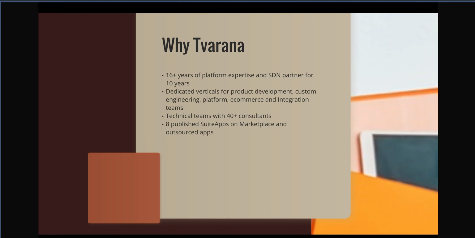We have a strength of over 40 technical consultants possessing niche skills and expertise of working with SuiteScript, SuiteTalk, etc. And like I already said, we have 8 published suite apps on Marketplace, and we also developed apps for some of our customers that are also published on Marketplace. So considering our years of experience with NetSuite and specifically with developing suite apps, the question should probably be, why not Tvarna?